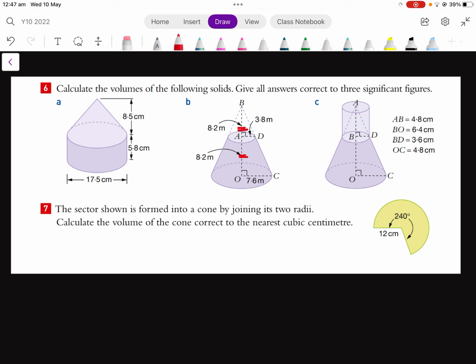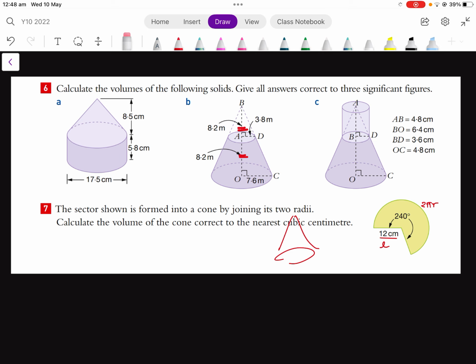This one seems to be interesting. The sector shown is formed into a cone by joining two radii. Okay. Calculate the volume of the cone correct to the nearest cubic meter. Now, if we look at this, this is going to be the slant height, correct? If I know the slant height, I need to find the 2 pi r of the base of the cone.